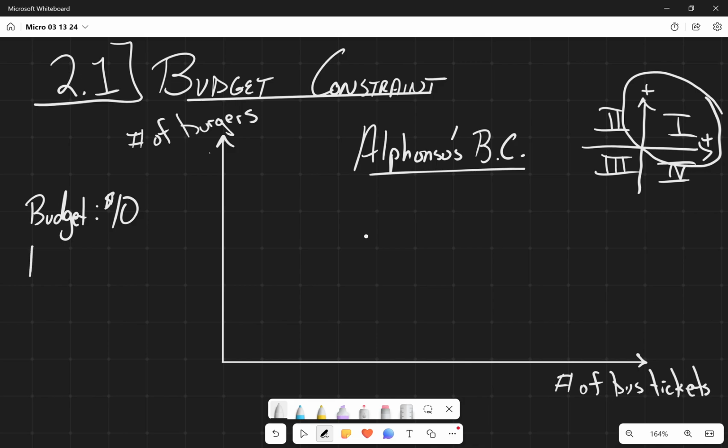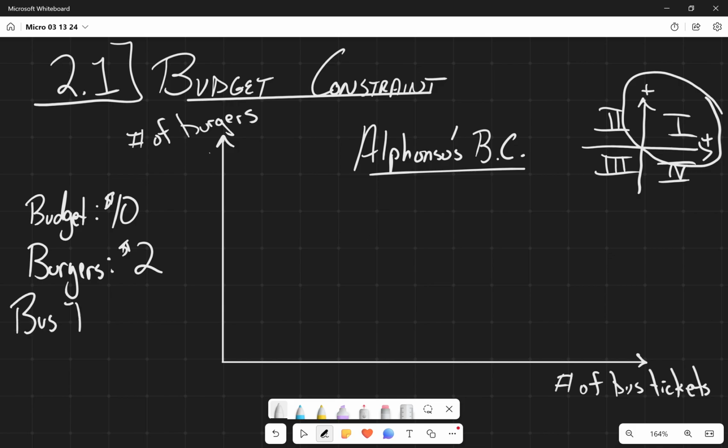And so we're told that Alfonso has a budget of $10. And how much are burgers going to cost? Burgers are going to cost $2. I think you can still get a double cheeseburger for $2 at McDonald's. It's been a minute. All right.